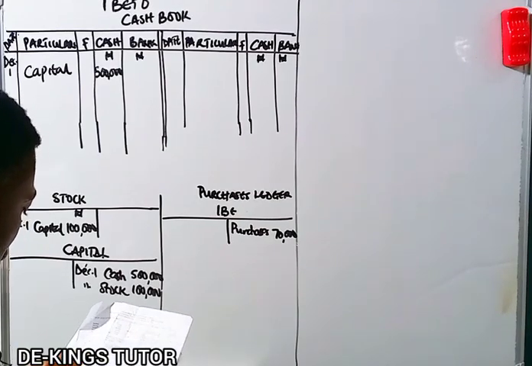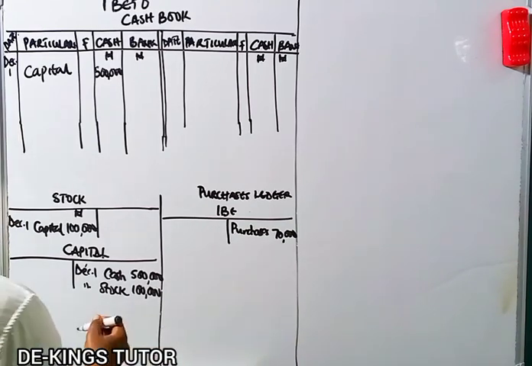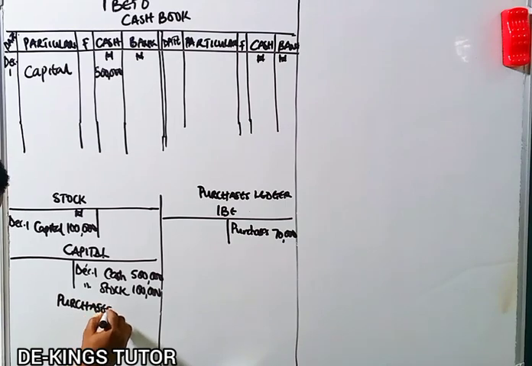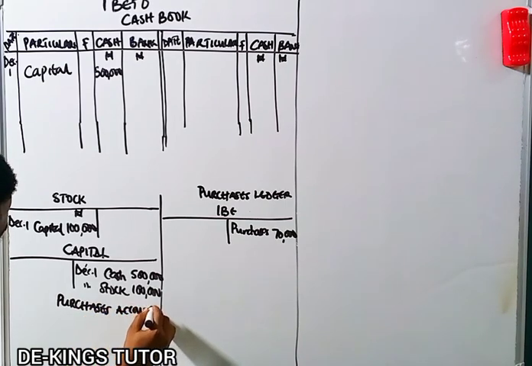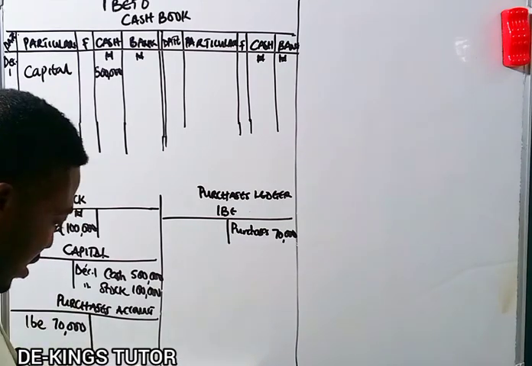So we are going to also have the purchases account, the corresponding entry. We'll have eBay as 70,000. Okay, so that is that.